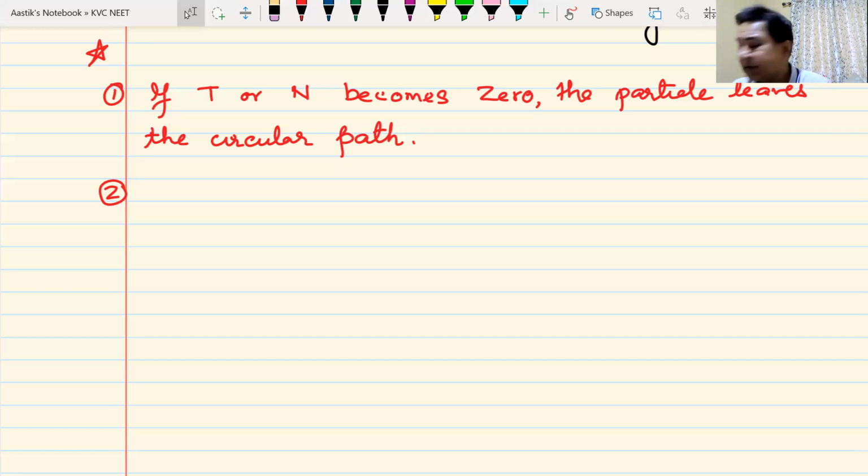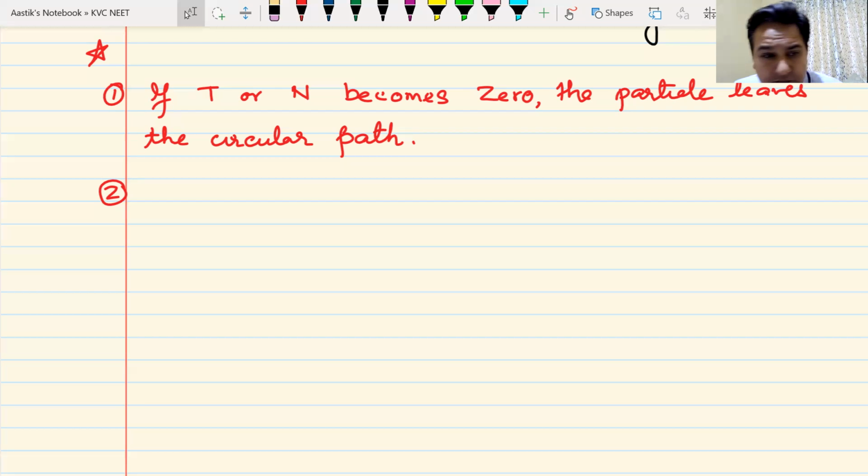Where do you think the tension T or normal reaction N can become 0? Anyone can give me an answer?